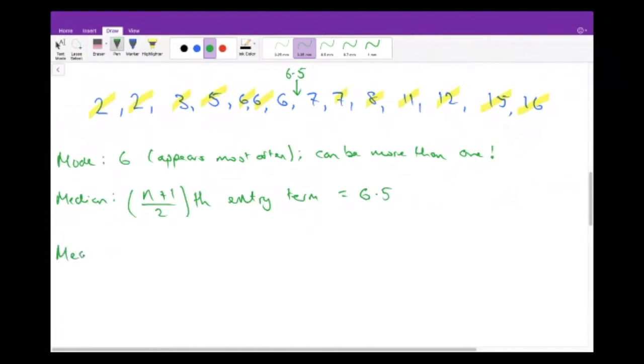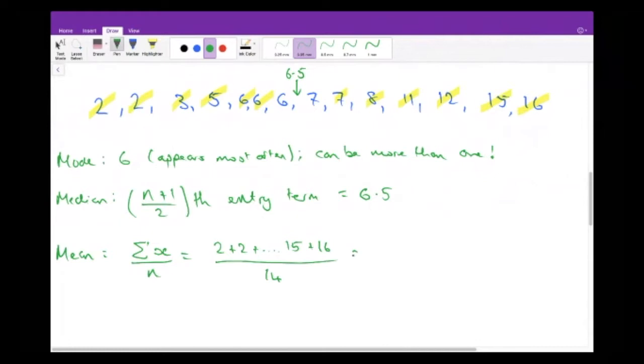And the mean is the sum of all the x values divided by the number of terms. So this is 2 plus 2 plus all the way up to 15 plus 16, divided by the number of terms, which I tried to make 15, but it's 14.